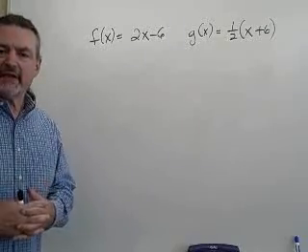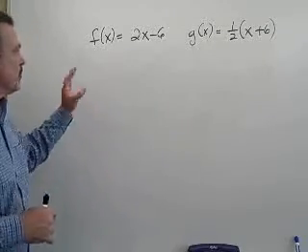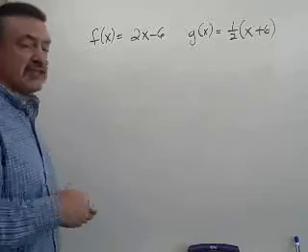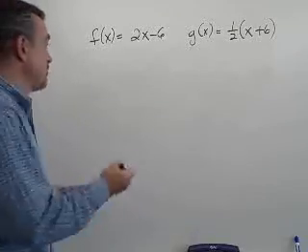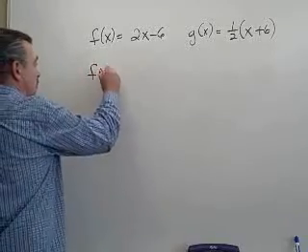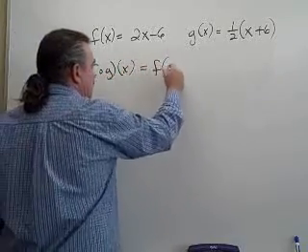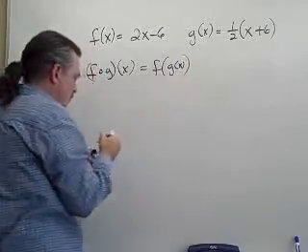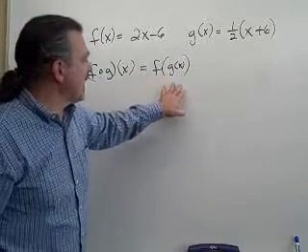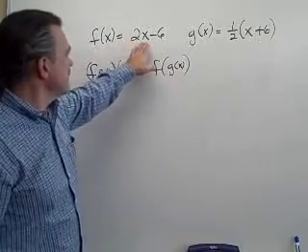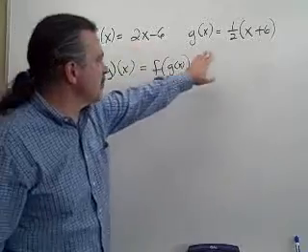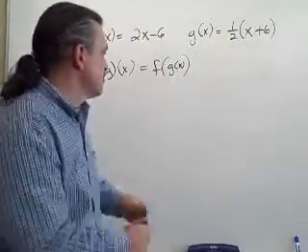Let's practice forming the composition of functions with these two functions. So let's first of all compose f with g. Which means wherever we have x in f of x, we will replace it with the entire expression for g of x.